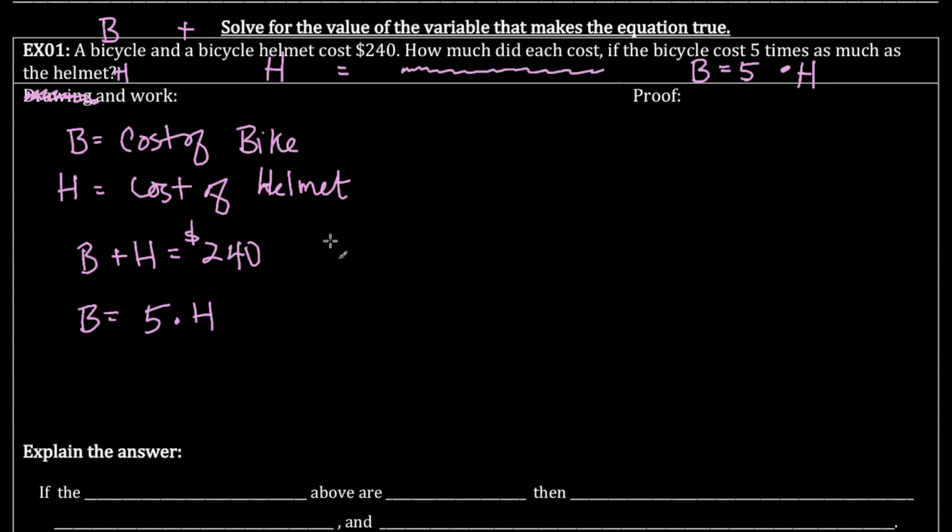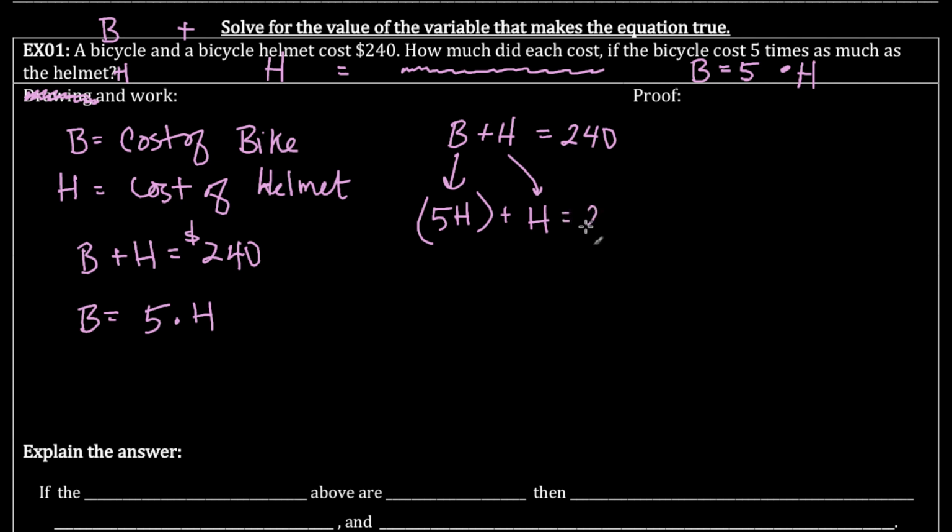Okay, so let's use substitution to find this. Capital B plus capital H, the cost of the bicycle and the cost of the helmet together, are $240. Looking at this, I can't figure out B or H exactly unless I know one of them. So capital B is 5H, and then I can add the other H, which doesn't have to change because now I have all H's.